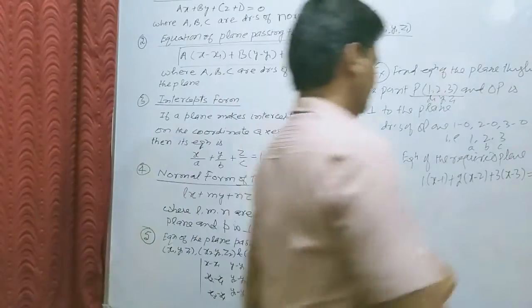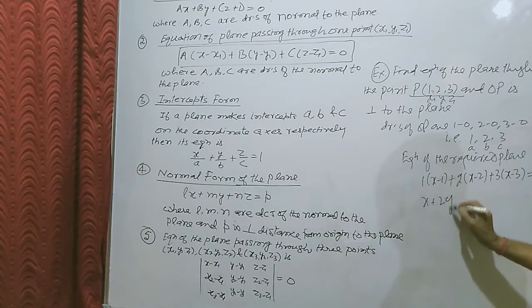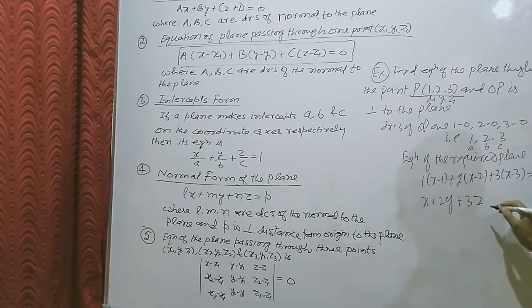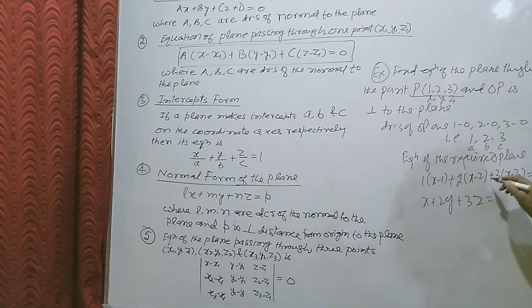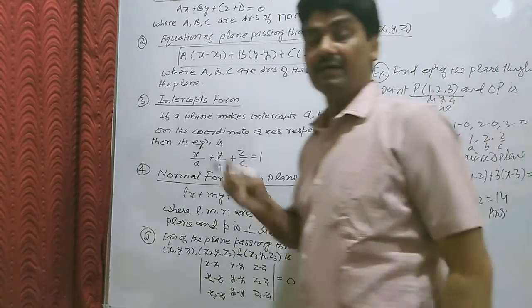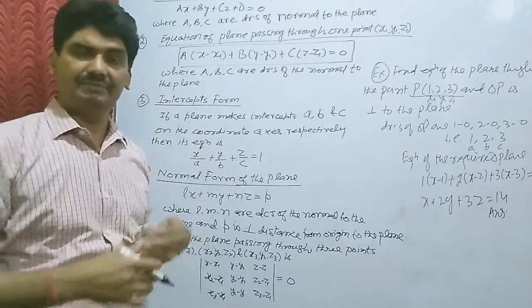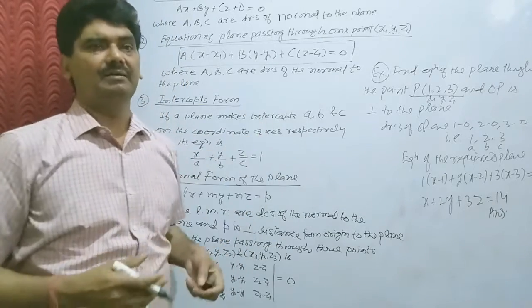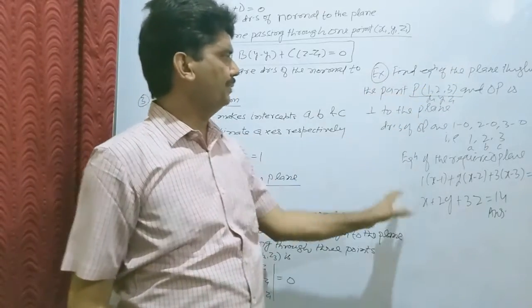So after simplifying, we get x plus 2y plus 3z equal to 1 plus 4 plus 9, that is 14. This is the equation of the plane. So if one point and the DRs of the normal are given, or we can find them by any other concept, we can find the equation of the plane.